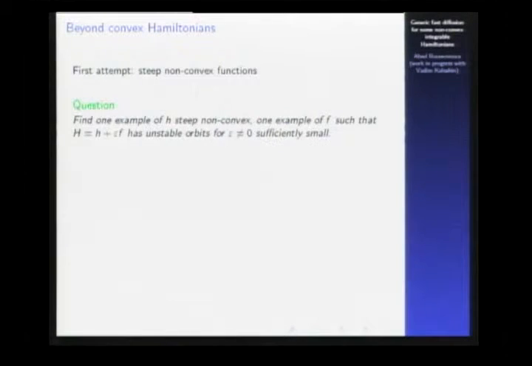The question is that even one example is not known in this case. You cannot even produce one example. So perhaps let me give you the simplest steep non-convex function. This is this one. You can check it's steep and non-convex. It's almost like the quasi-convex function, but I put a cube somewhere.